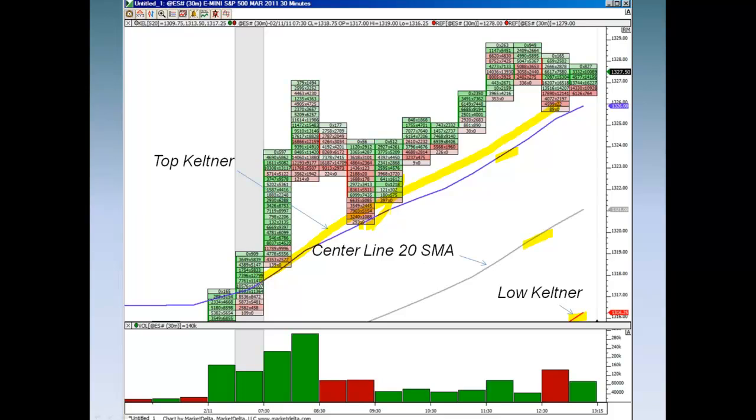Very strong indication of a directional market. If in fact prices continue to drop inside the Keltner, the next target or support level that you would look at would be that 20 simple moving average. How are they going to react when they meet this level?